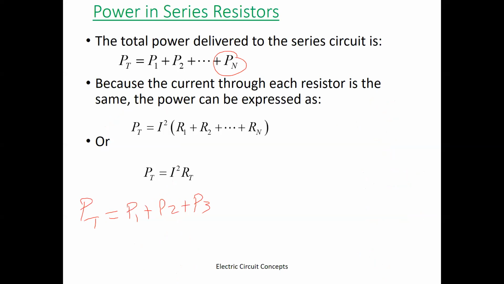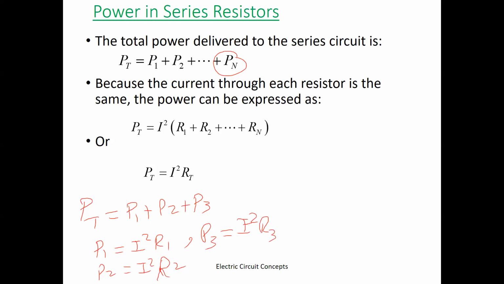Now, how to find P1? Again, P1 is equal to I squared times R1. P2 is I squared times R2. And P3 is equal to I squared times R3.